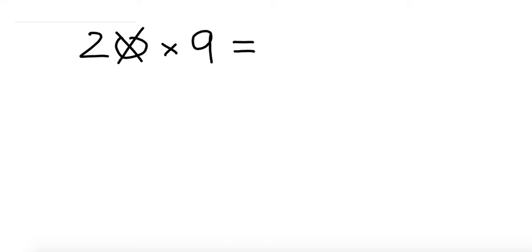Let's do another one. 20 times 9. This time we'll just do the shortcut way. So we'll ignore the 0 and we'll look at 2 times 9. So 2 times 9 is 18, and then we add the 0 on. So we've got 20 times 9 is 180.